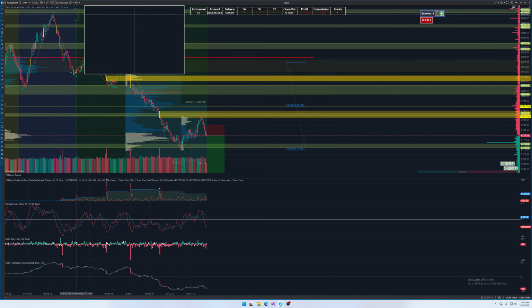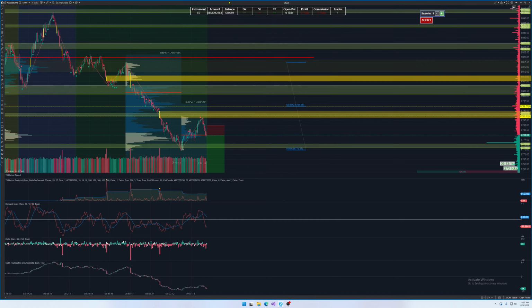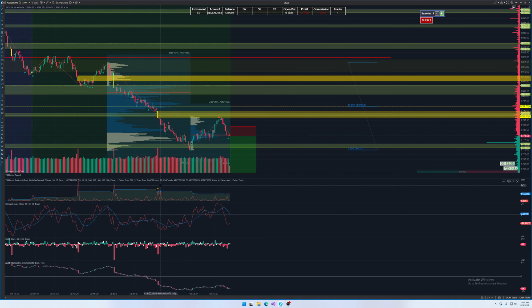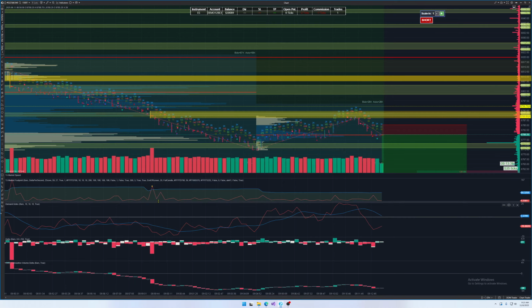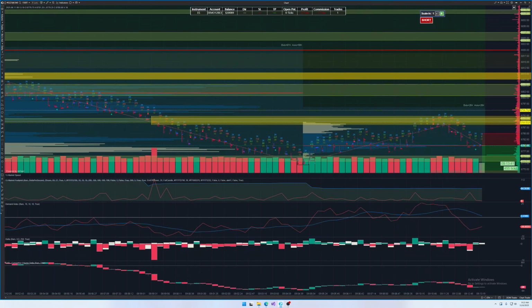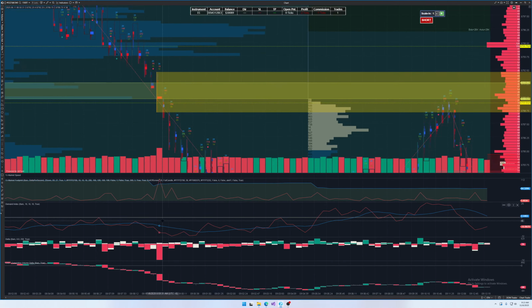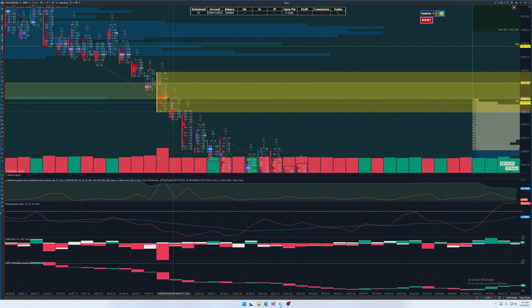Highly likely that the market is really retracing now from here. Because it looks like here where the market turns, there was a very large order. What's that number?